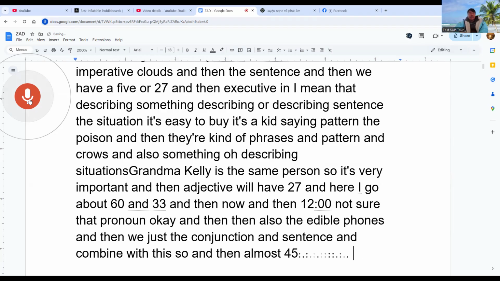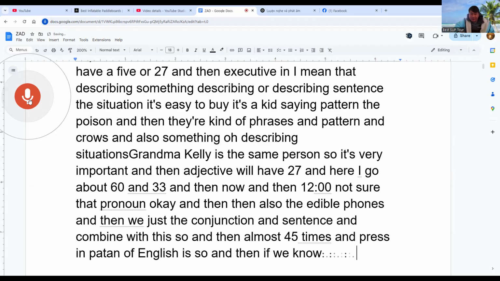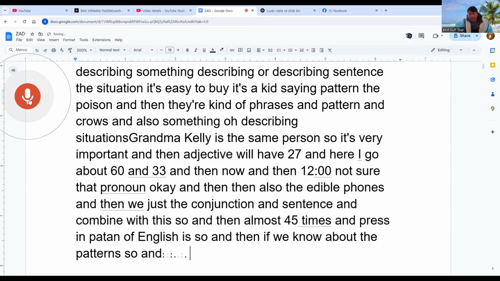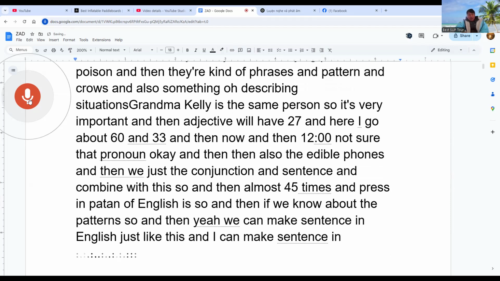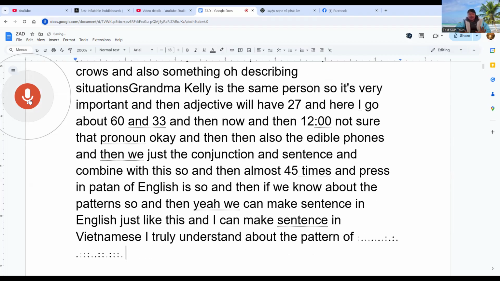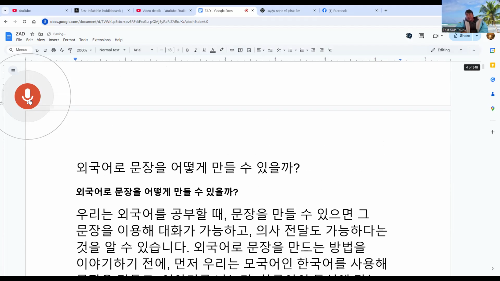So almost 45 patterns can express the patterns of English. If we know about the patterns, we can make sentences in English, just like this. And I can make sentences in Vietnamese. Do I truly understand the patterns of Vietnamese? Not exactly, but there's no need, because I just build sentences in Vietnamese.